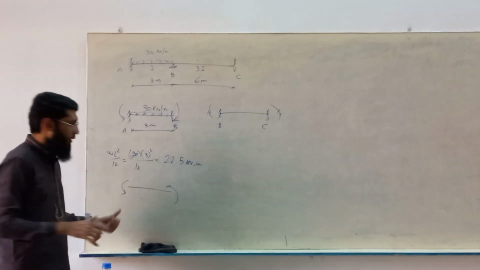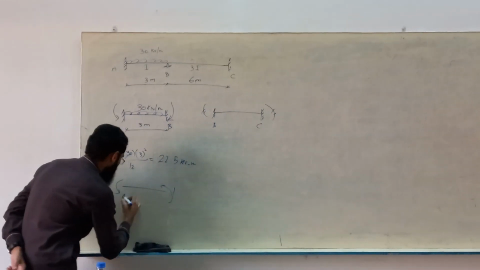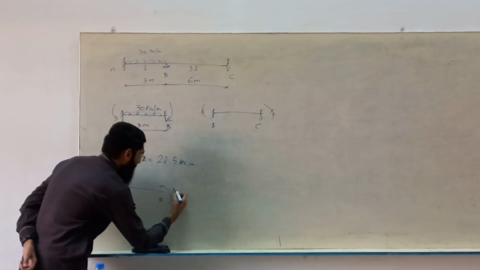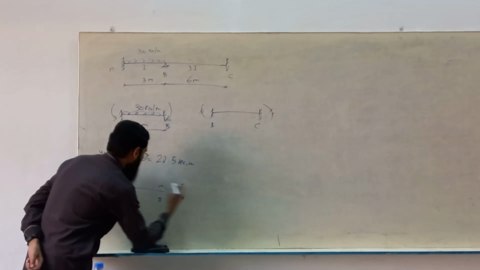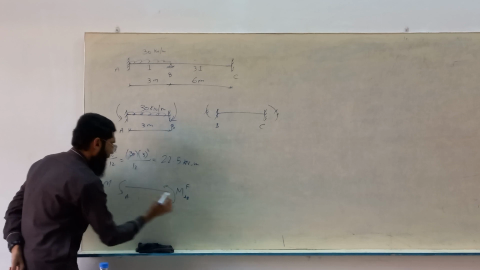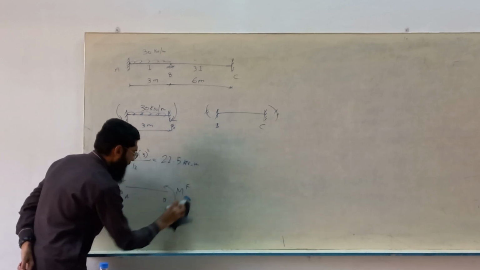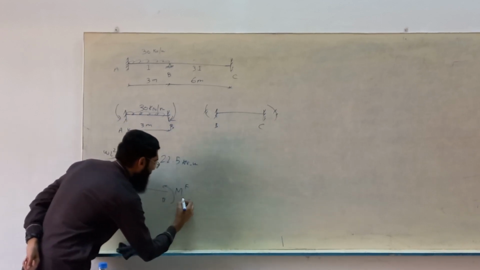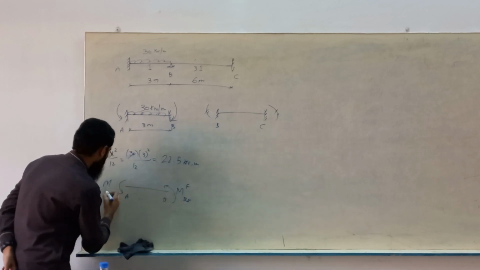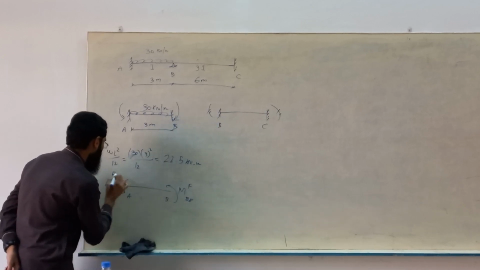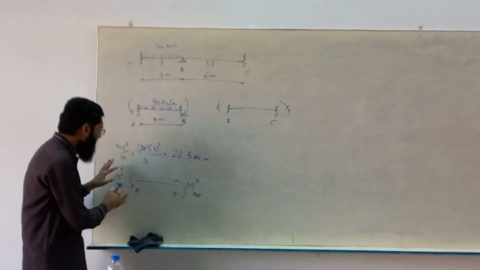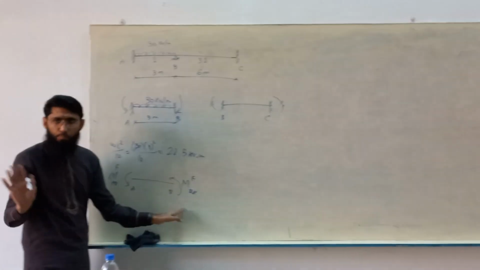Counterclockwise positive. And if this is A and this is B, we would say this is MAB fixed. And this is, I'm sorry, we should call this MBA fixed, and this would be called MAB fixed. Okay, this is AB. So basically it's MA and this is MB.